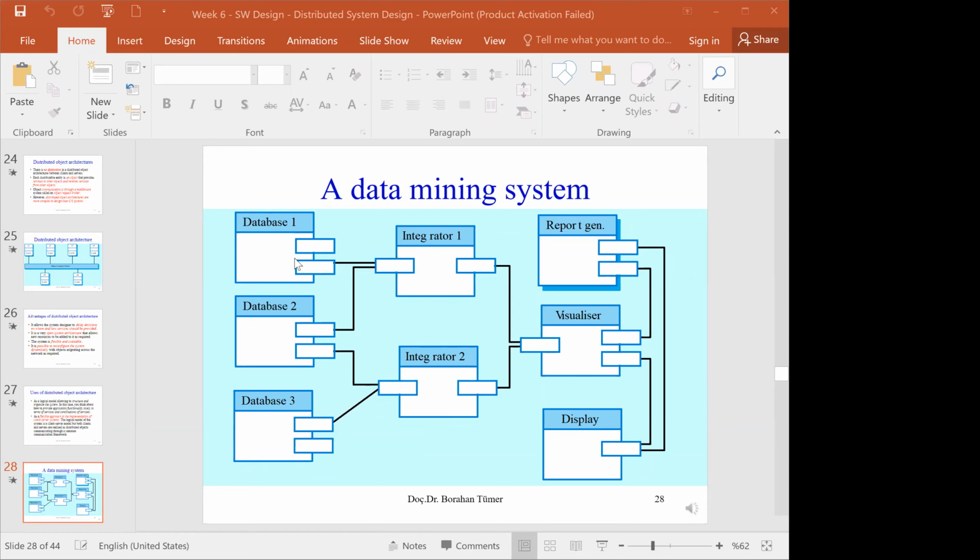But these interfaces convert this information to the format available to the integrator objects, and this is important from the viewpoint that these interfaces are providers of services, and they provide services and receive services at the same time.